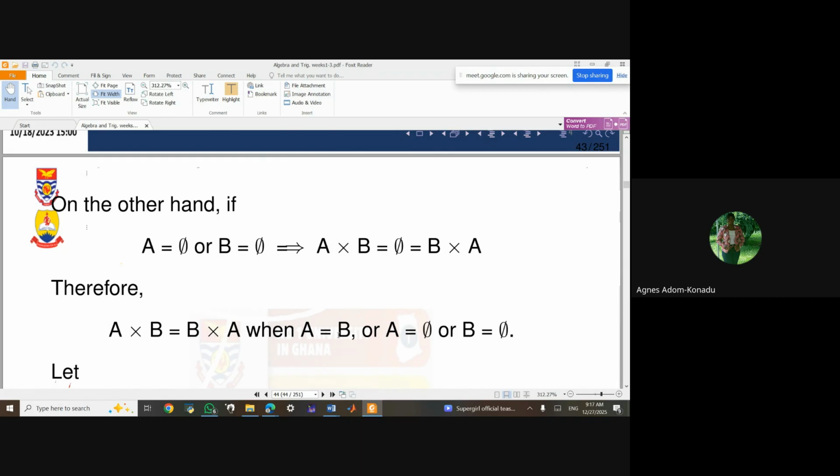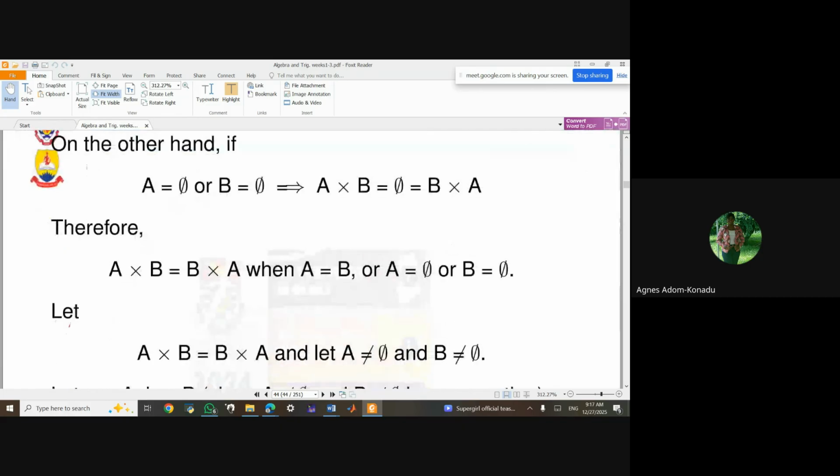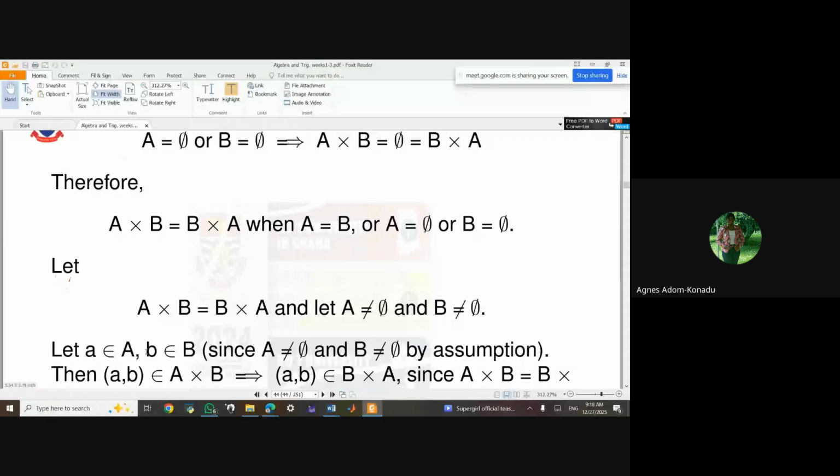When A is equal to B, or A is empty or B is empty, then the Cartesian product of A cross B will be the same as B cross A.